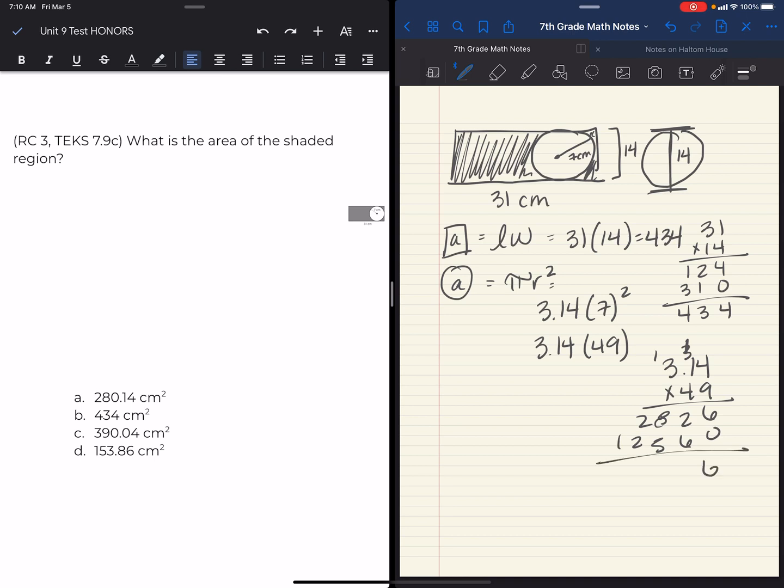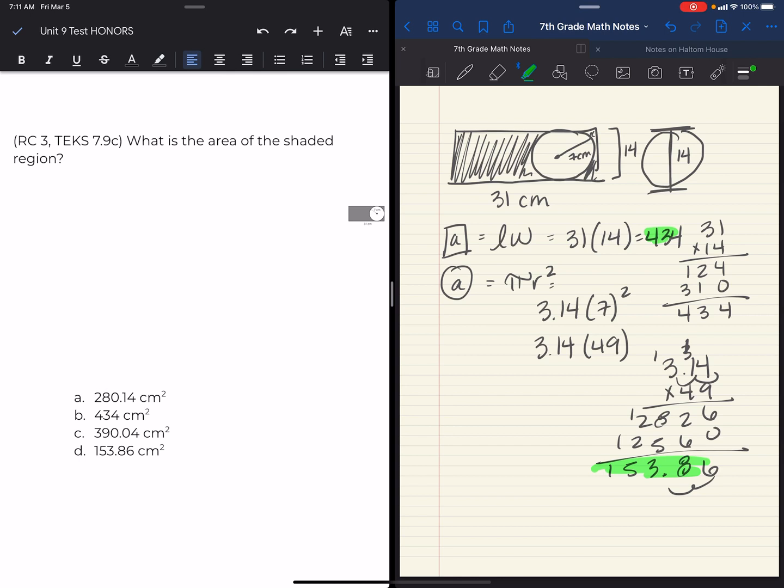Let's add it up. 8 plus 5 is, what, 13? All right, so we have 2. This is 153.86.